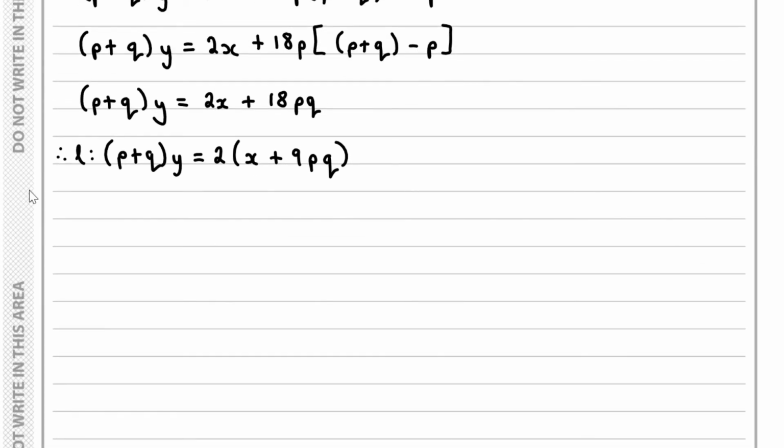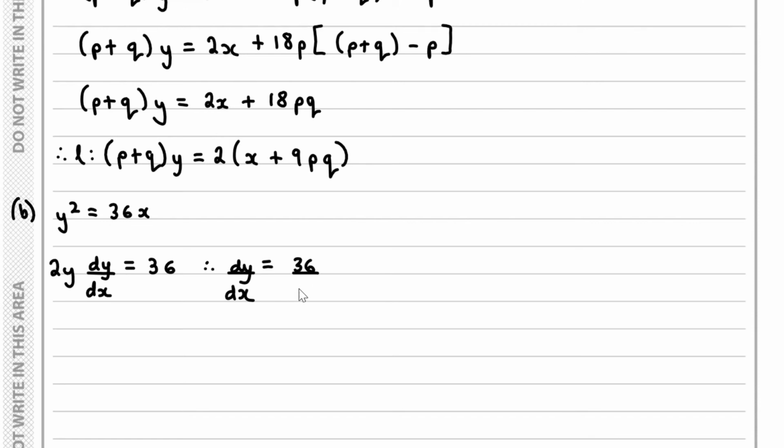So for part B we have y squared equals 36x, and if we differentiate implicitly we have 2y lots of dy over dx equals 36, from which we can see dy over dx is equal to 36 over 2y, which is the same as 18 over y.